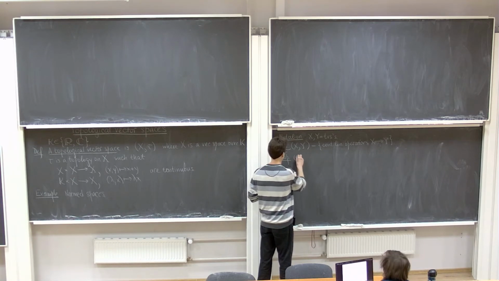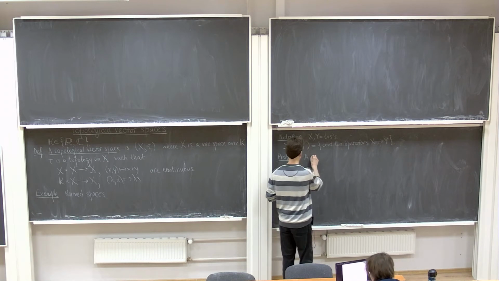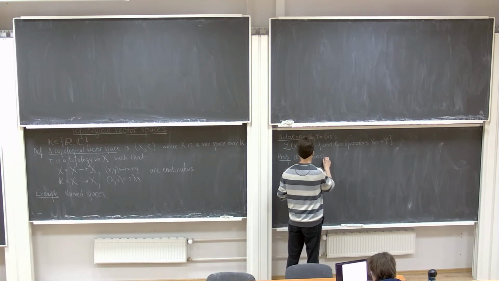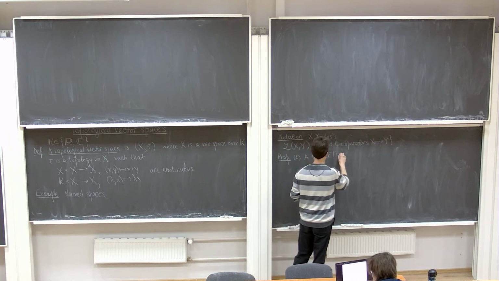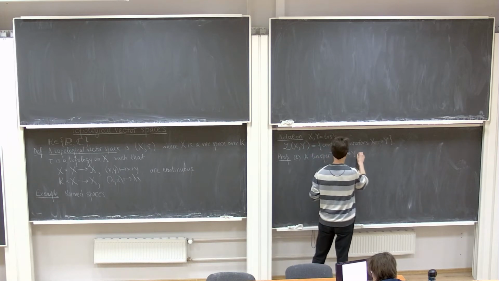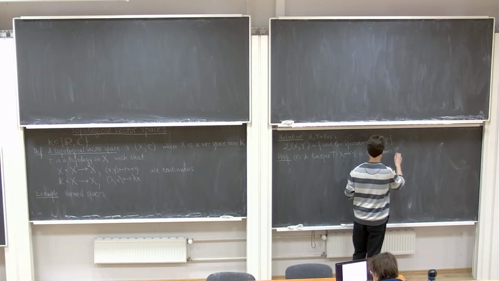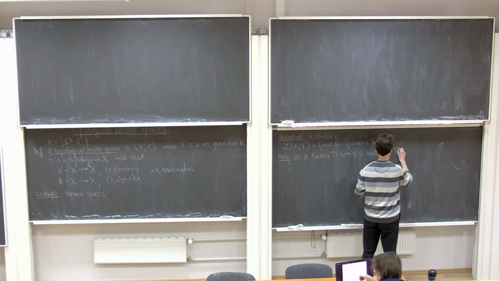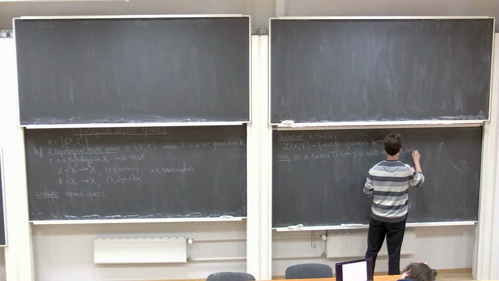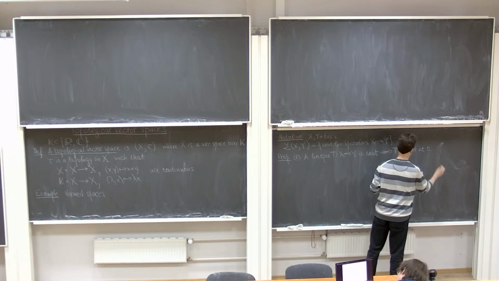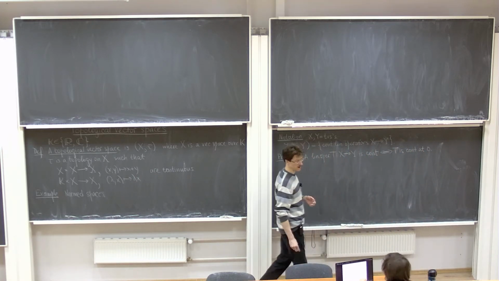First of all, I claim that a linear operator T from X to Y is continuous if and only if it is continuous at 0. Or equivalently at any other point.